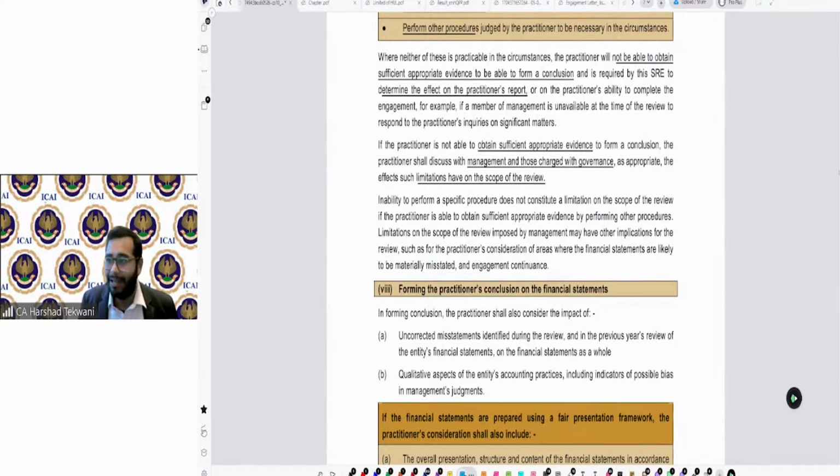You might not have a printed study material with respect to the auditing pronouncements, but having said that, I'll show you something on the BOS portal for your reference. Let me share my screen. Now you might be seeing the BOS portal.